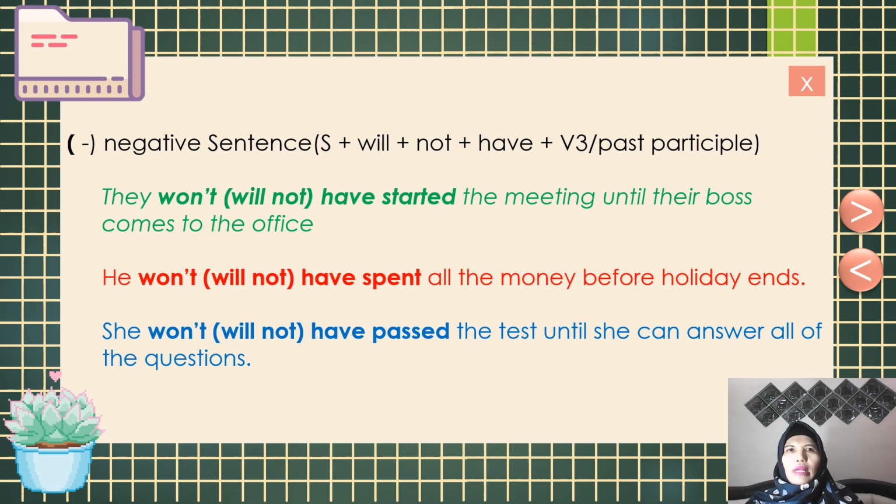Won't berasal dari will not. He won't have spent all the money before holiday ends, or he will not have spent all the money before holiday ends. She won't have passed the test until she can answer all of the questions, or she will not have passed the test until she can answer all of the questions.